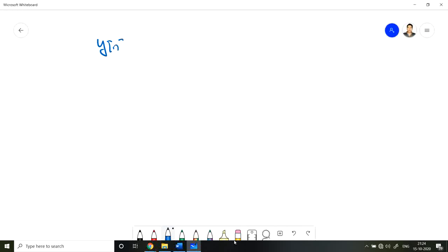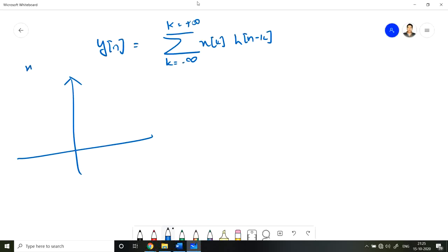So what is y[n]? y[n] is the summation from k equals minus infinity to plus infinity of x[k] h[n minus k]. Basically we have to find out the graphs. So the graph of x[k] is like this. This is u[k] basically. x[k] is u[k].